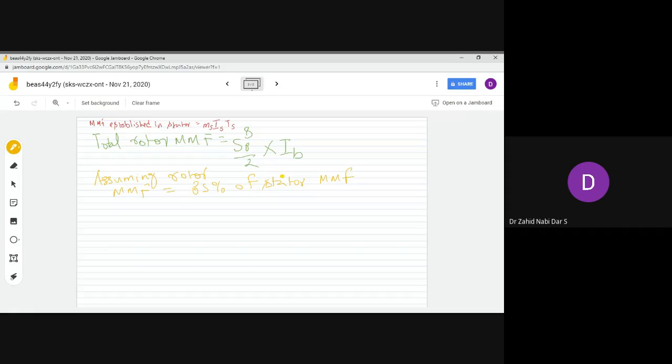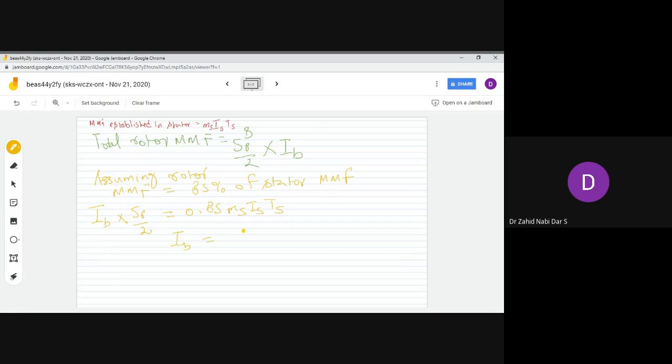IB into Sr by 2 is equal to 0.85 Ms Is Ts. So from here we can calculate IB.